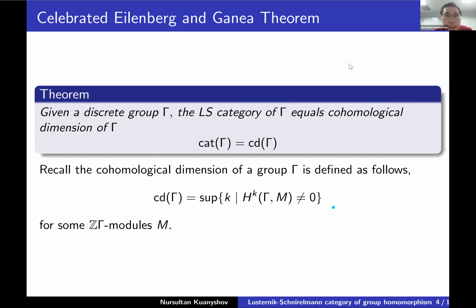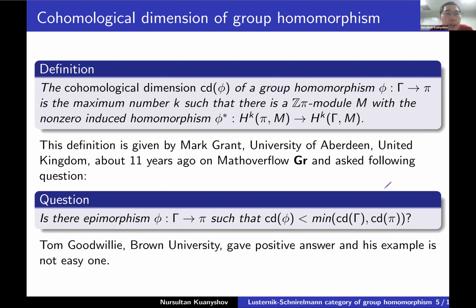Before formulating the question, the first thing that I looked at was the cohomological dimension of a group homomorphism. Unfortunately, I couldn't find it in the classical literature, but luckily, I was able to find it on MathOverflow. Mark Grant from the United Kingdom defines the cohomological dimension of a group homomorphism as the maximum number k such that there exists a Z pi module M with a non-zero induced homomorphism.